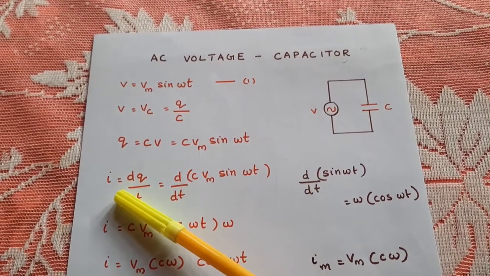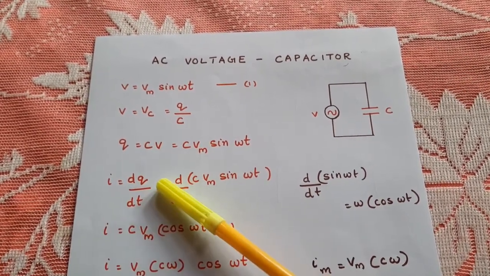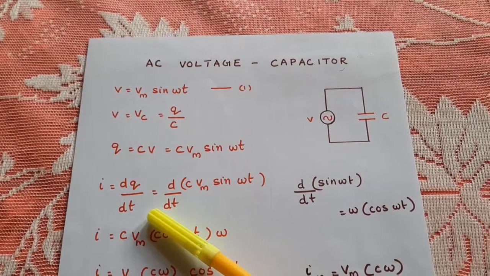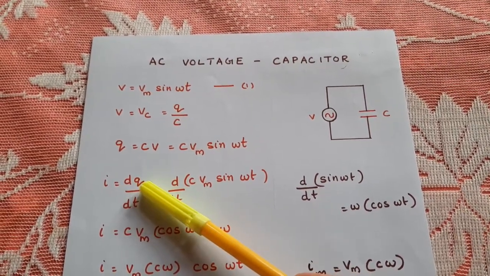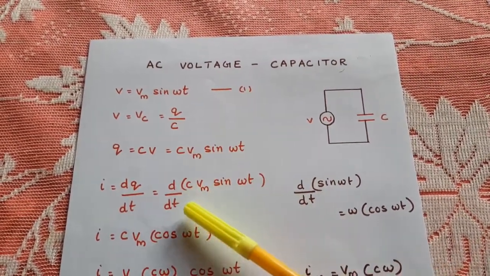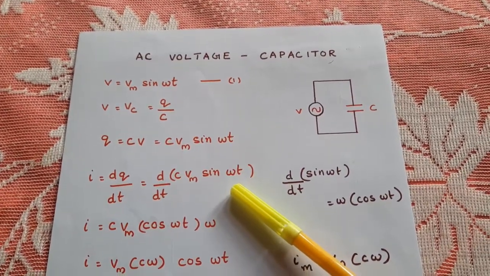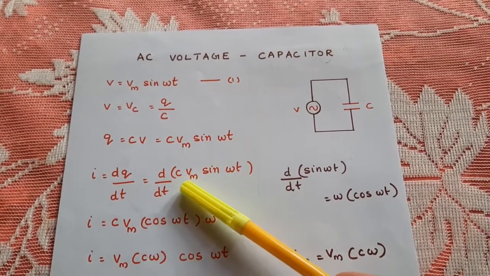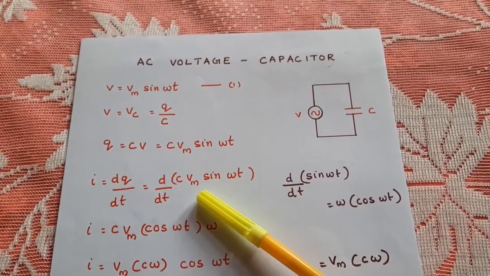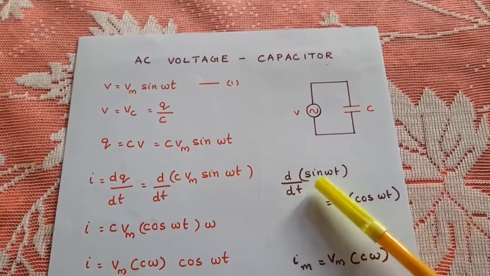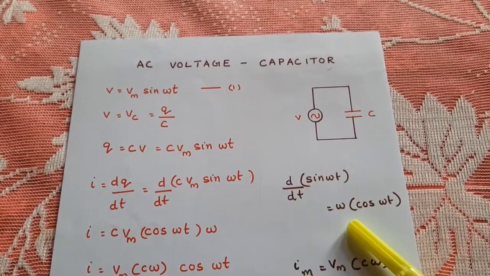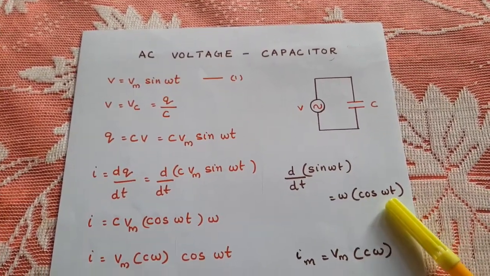Current at any instant is given by dq by dt. Let us substitute for charge q, d by dt of Cvm sin omega t. C and Vm are constants and d by dt of sin omega t is omega into cos omega t.